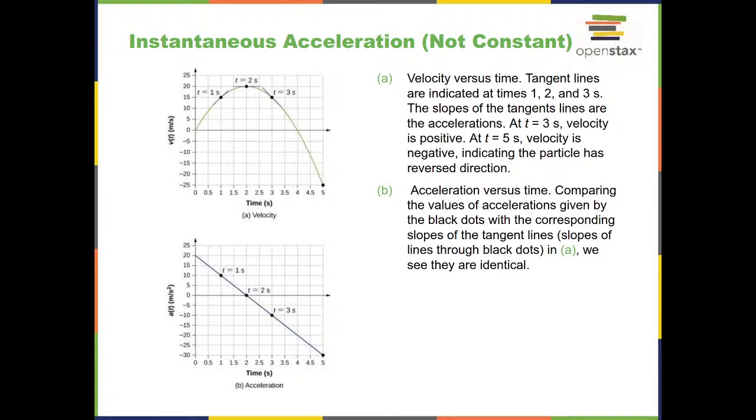So these are really just similar plots reinforcing the same concepts, where we have our velocity that's going in the positive direction and is now going in the negative direction. The difference here is that this is a velocity graph, not the position graph as before.